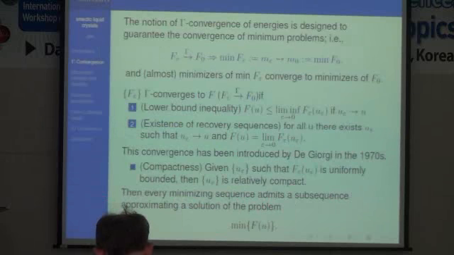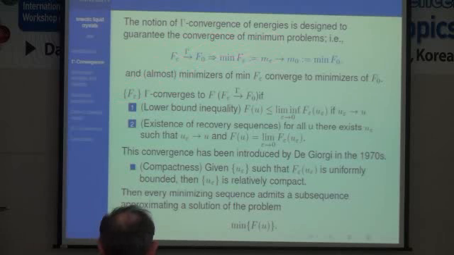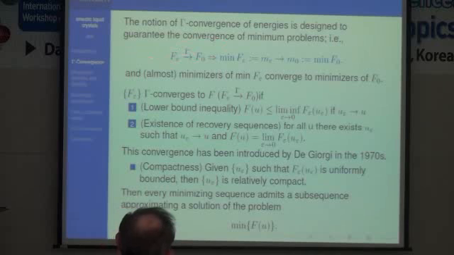First we use the gamma convergence theory to understand the minimizer of this functional with epsilon. The nice thing about this gamma convergence: usually if you have this epsilon functional, people try to find the Euler-Lagrange equation and then find the limiting behavior of this solution.